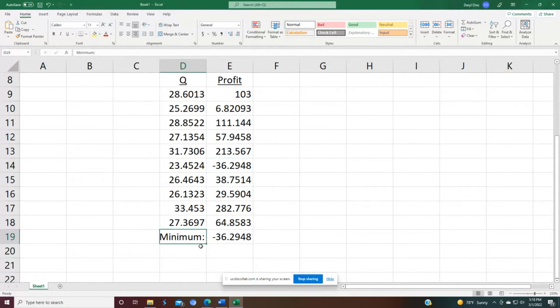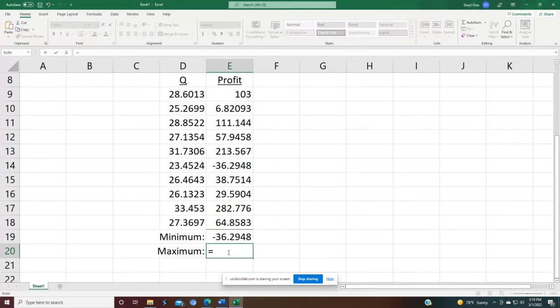The maximum of our simulated profits, the maximum, same thing. What's the maximum number we can get?